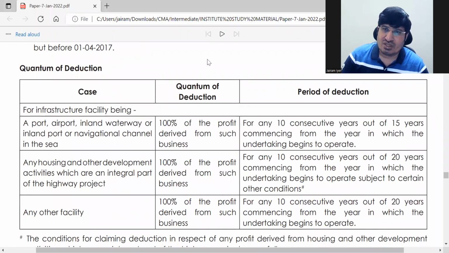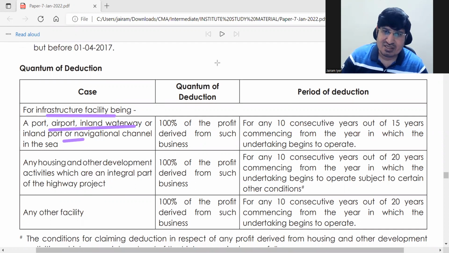Okay, so for different types of infrastructure projects, the deduction and the period of deduction are different. Here it is case by case, how much deduction and the period of deduction. Three things are there. So if the infrastructure facility is a port, airport, the last one which we saw, all water transport related, that's one.